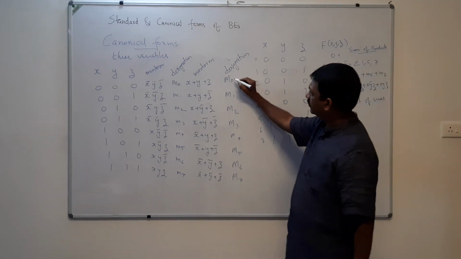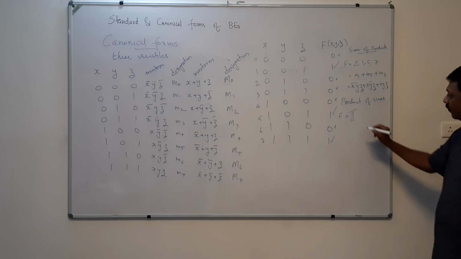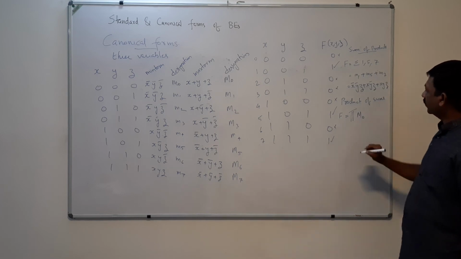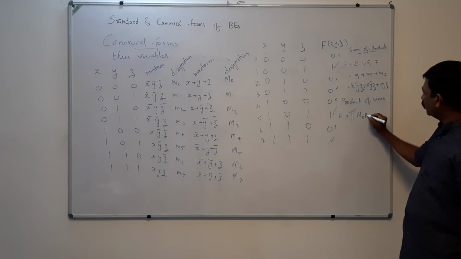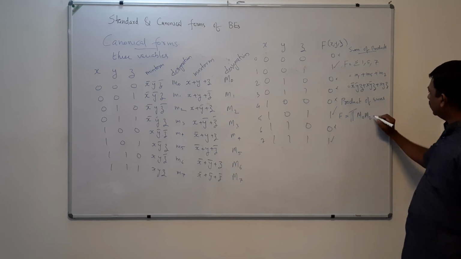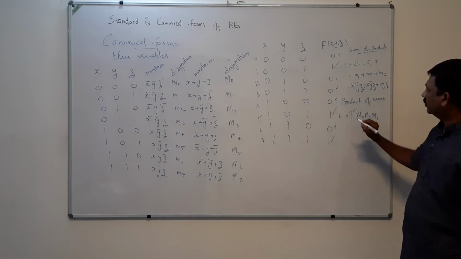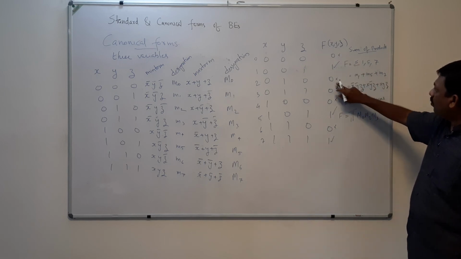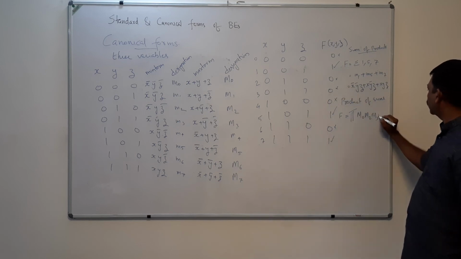That means the max terms are M0, M2, M3, M4 and M6, and this is the product of those.